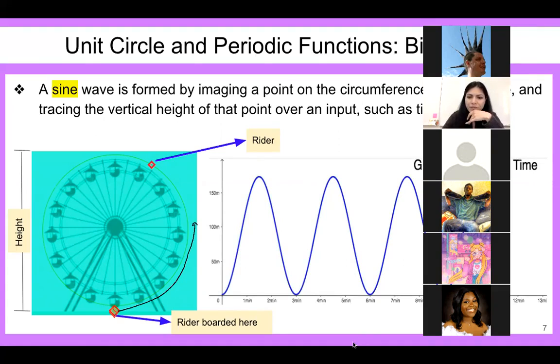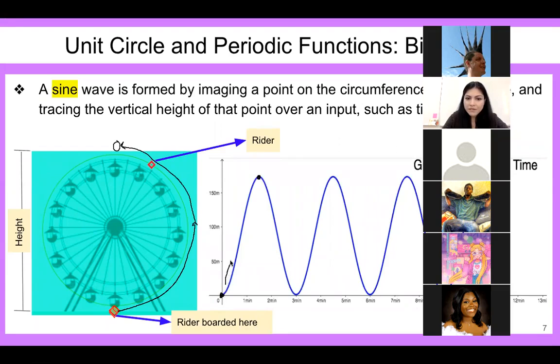Now, I want to also point out something. Let's say I'm on the Ferris wheel and I go all the way to the very top. This very top part means I'm at the highest point that I can possibly get on the Ferris wheel. That means I am at a maximum point when it comes to the wave. I started at a height of, let's say in meters, 0 meters.